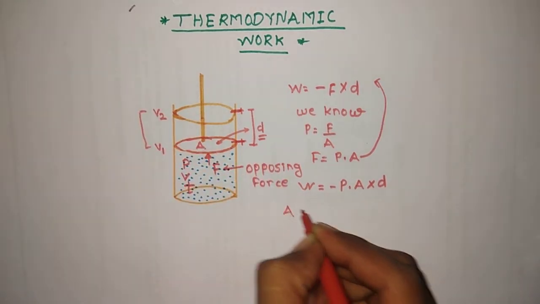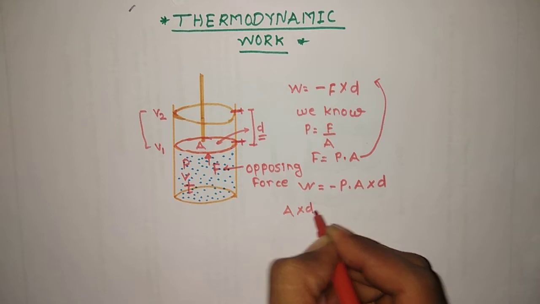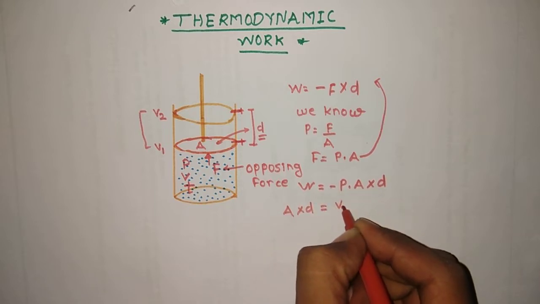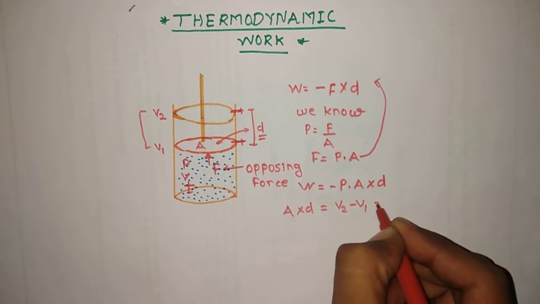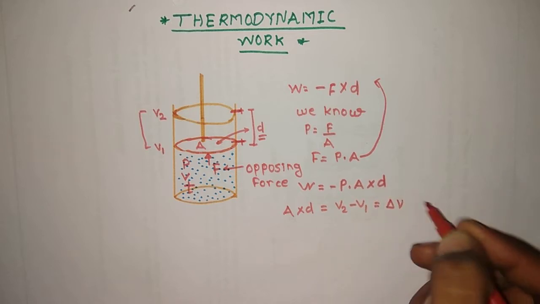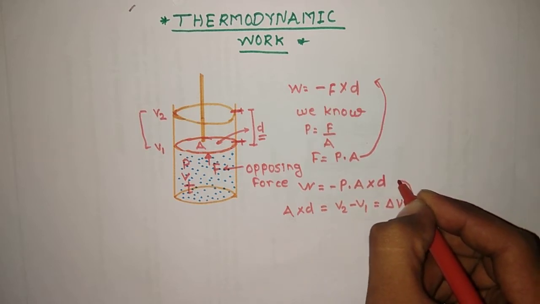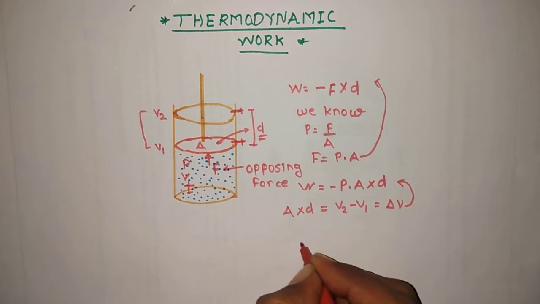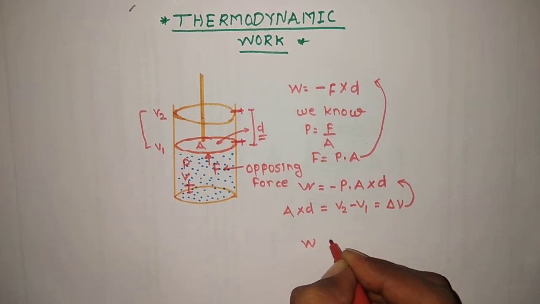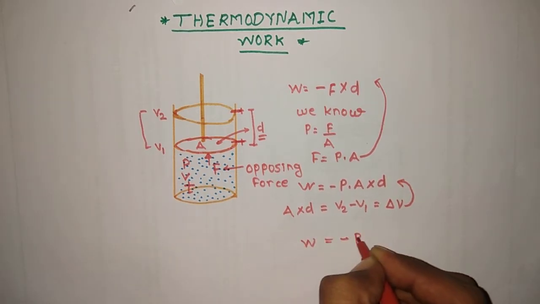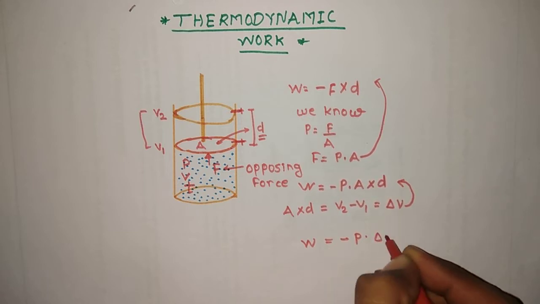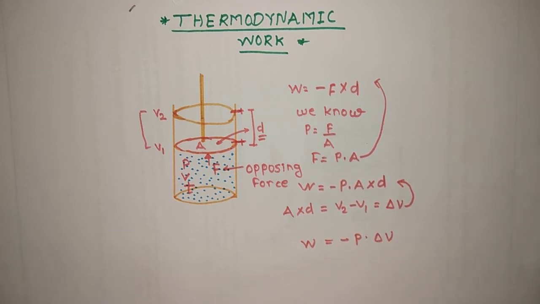So A into d equals V2 minus V1 equals del V. Putting this in the above equation, we get minus P into del V, which is the expression for the work.